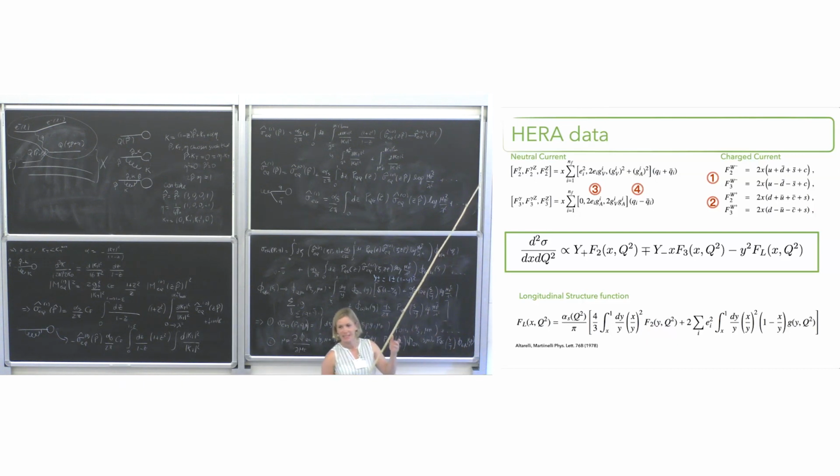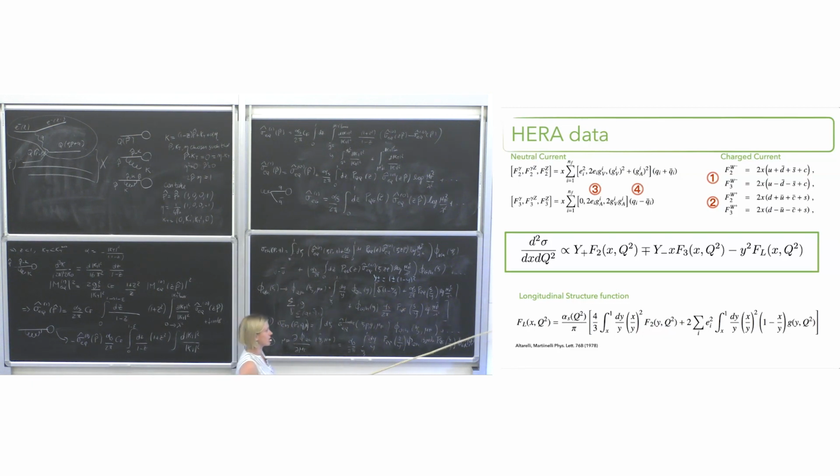Again, in my notes I have an exercise that shows why you get the minus sign in this combination. The charged current is interesting because you have different combinations of u plus d bar, plus s bar plus c, and for F3, u minus d bar. So basically you just play with linear combinations so that at each value of x, all of these functions are constrained. This is the best you can do.